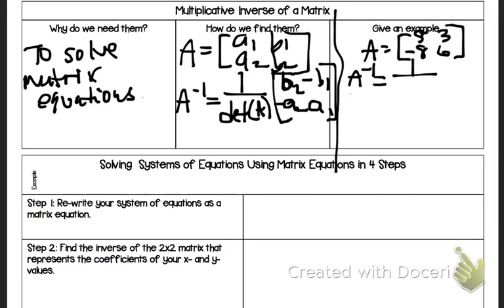So 1 over, I'm going to multiply this way, 6 times 5 is 30, minus negative 24, so plus 24, and then times that by, okay, I'm going to switch the 6 and the 5, so that becomes 6 and 5, and then the other ones become negative, negative 3, and that becomes a positive 8 now, because it was negative already.